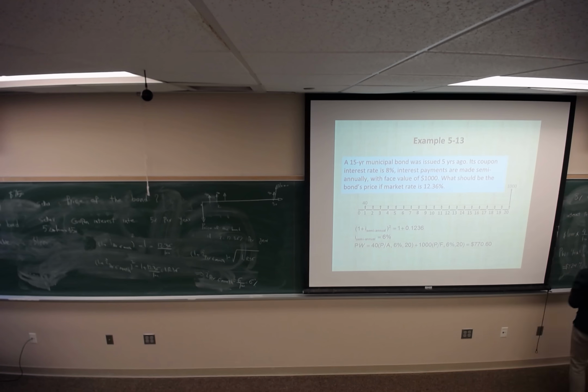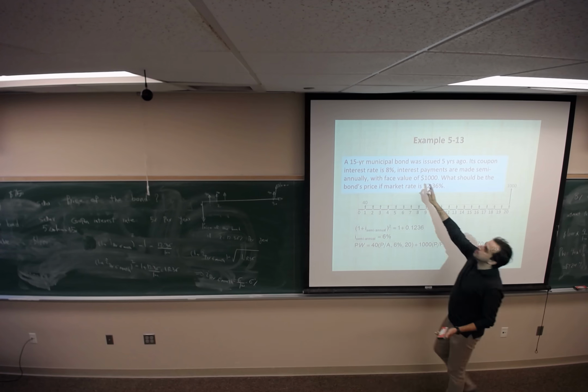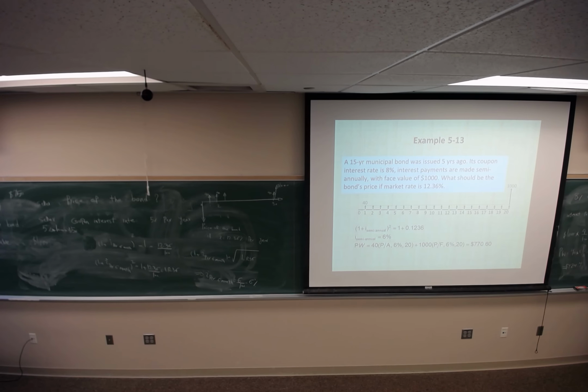These are just different types of the problem. If we are talking about this bond, and we know that the bond was issued 5 years ago, and today we are gonna set the price for that. So 5 years is gone.